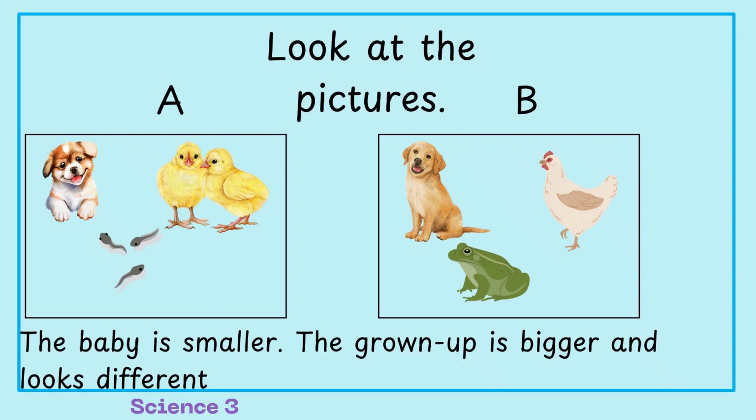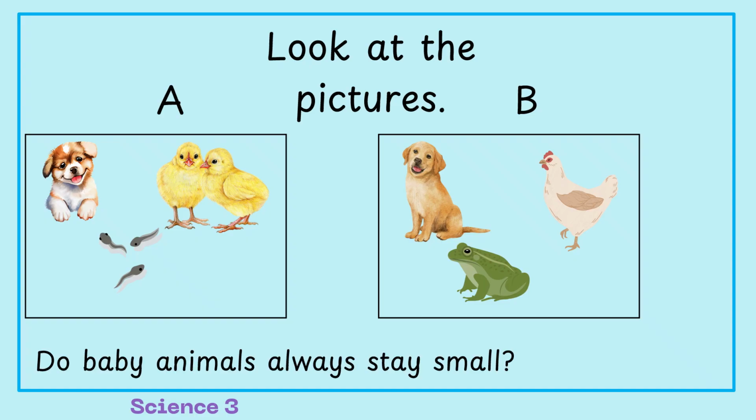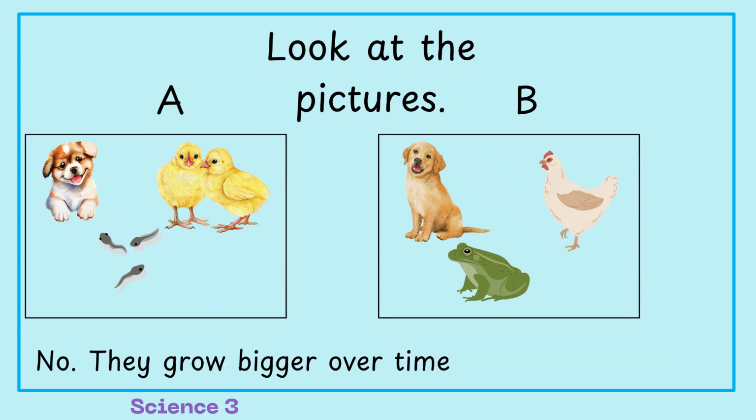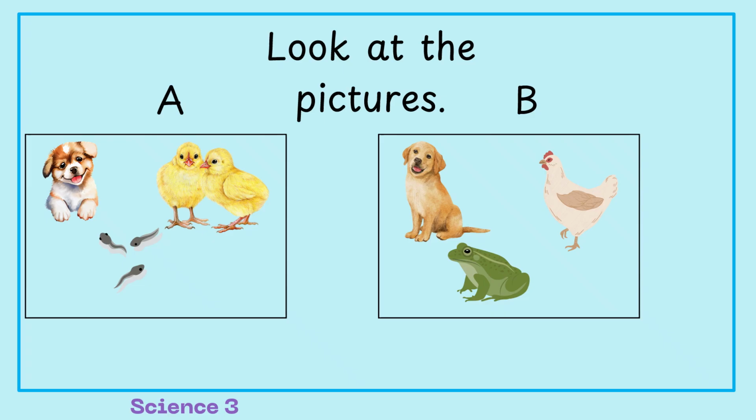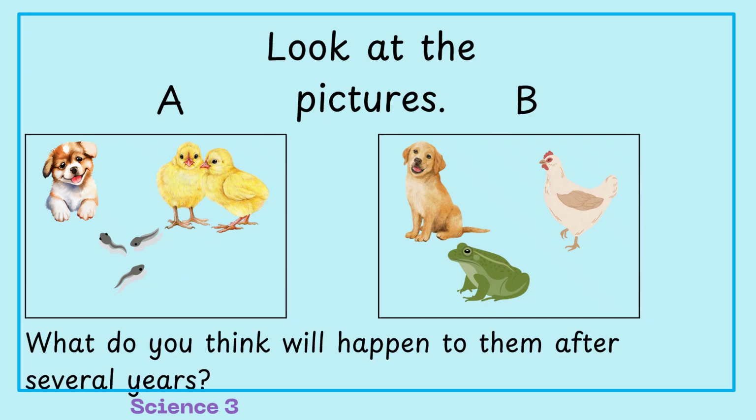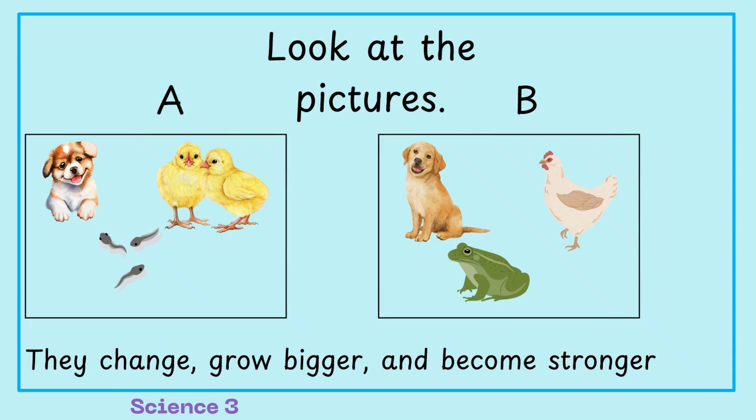The grown-up is bigger and looks different. Do baby animals always stay small? No, they grow bigger over time. What do you think will happen to them after several years? They change, grow bigger, and become stronger.